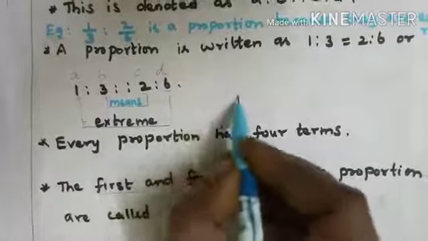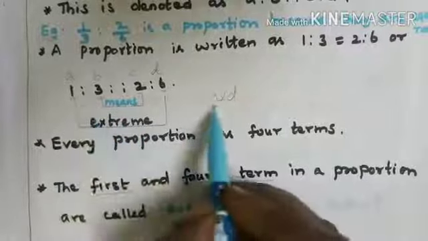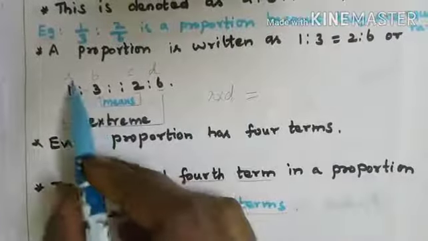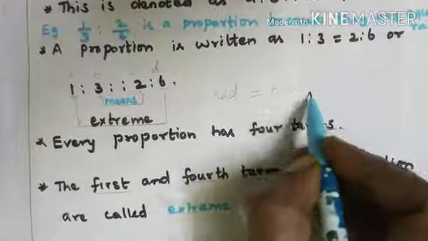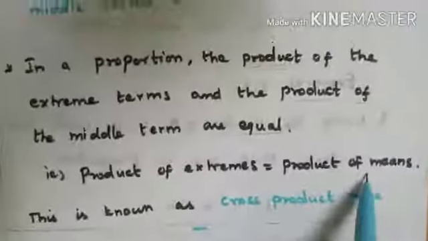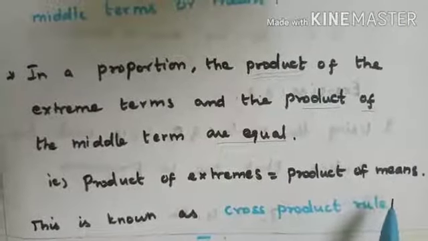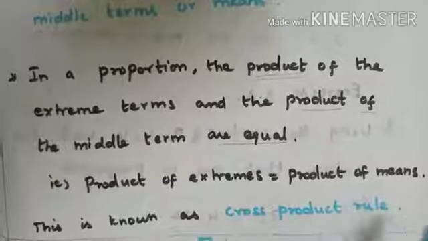A and D. The product of extremes is A into D and the product of means is B into C. Therefore, the product of extremes equals the product of means. If they are equal, then we say it is in proportion.